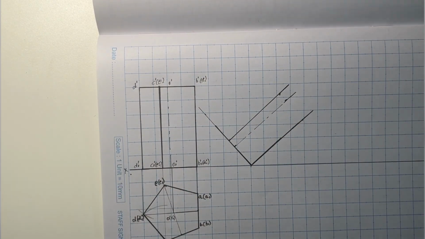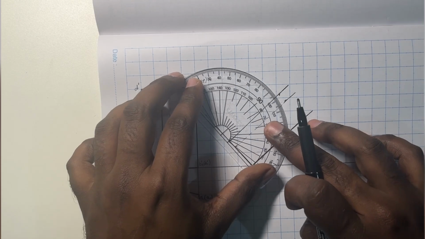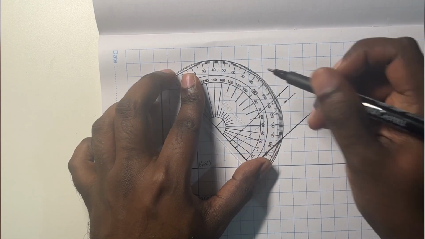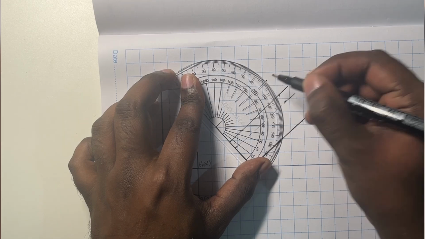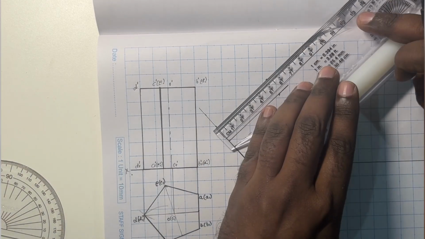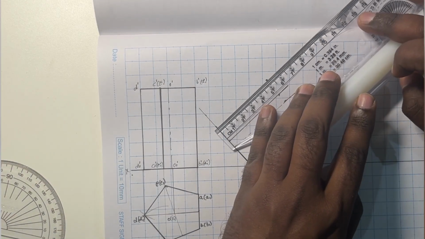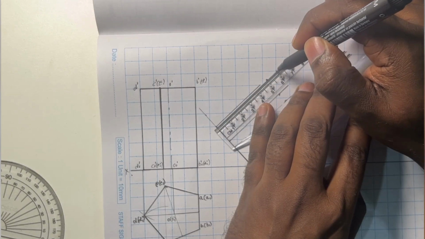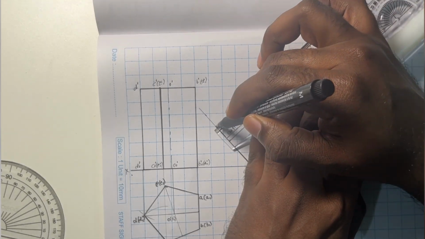Similarly, from this extreme corner, mark 90 degrees, and complete the construction of the rectangular faces that are seen in the front view of the pentagonal prism.